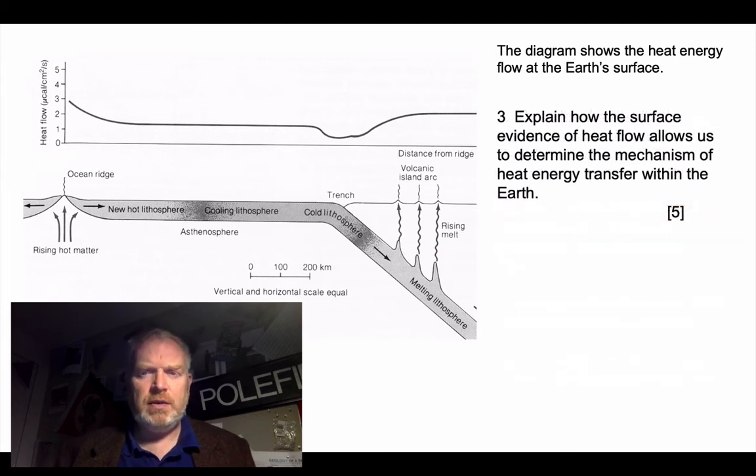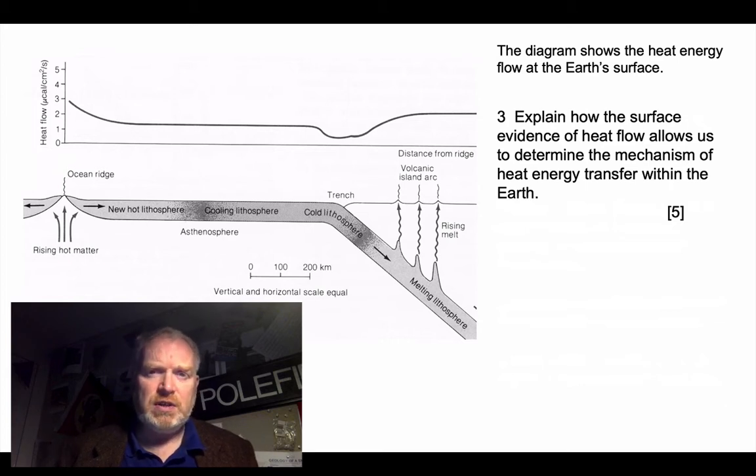Question 3 then looks at how surface evidence of heat flow allows us to determine the mechanism of heat energy transfer. There are 3 ways heat energy can be transferred: radiation, conduction, convection. Radiation clearly doesn't apply because we're looking at solid and liquid materials. The question then is, does the Earth conduct or convect?